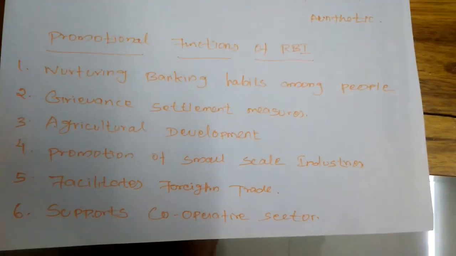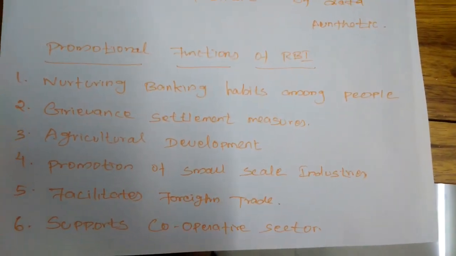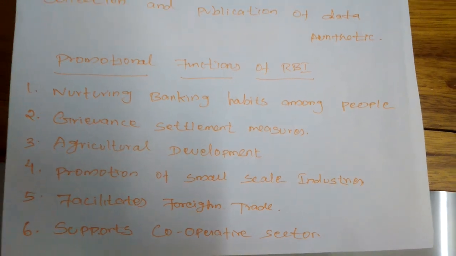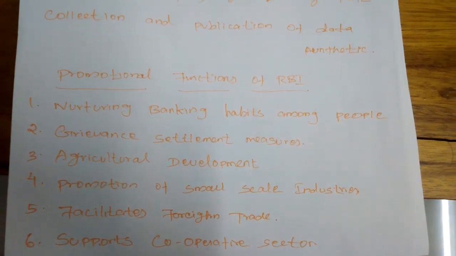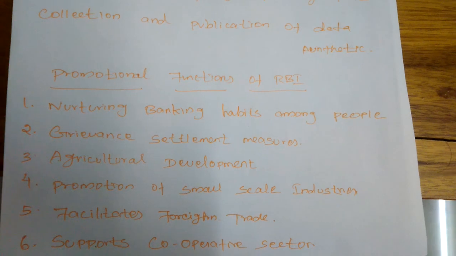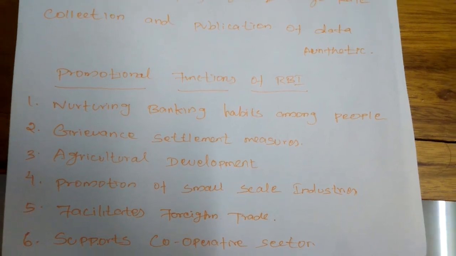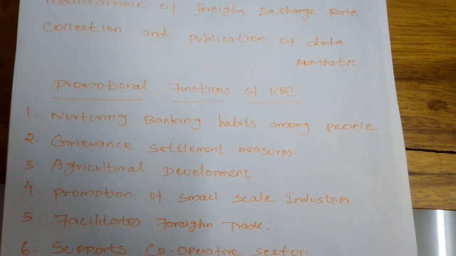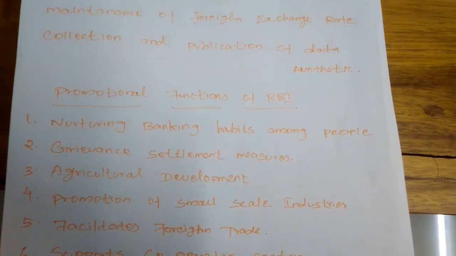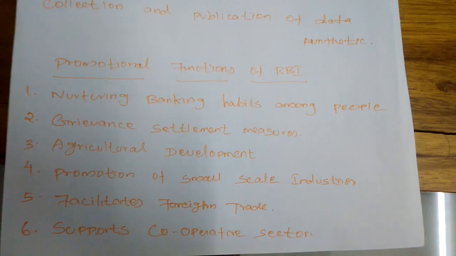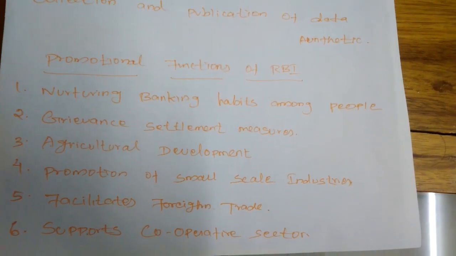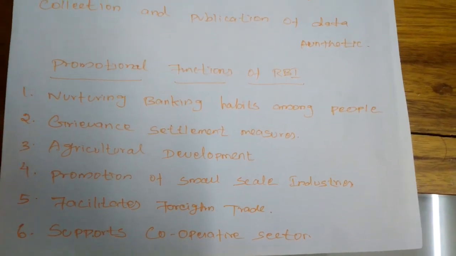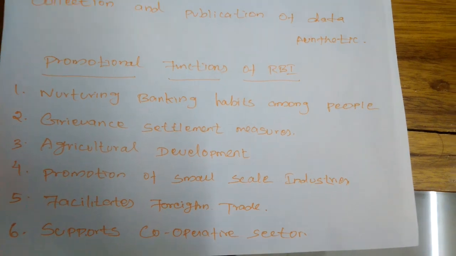Normally all the commercial banks provide different types of services. When they provide services, the consumers may or may not get satisfaction and they may have some complaints. When they are not satisfied and have complaints, they can approach the ombudsman services.